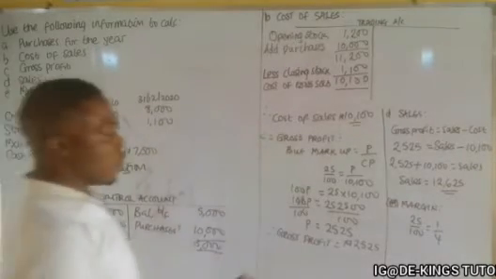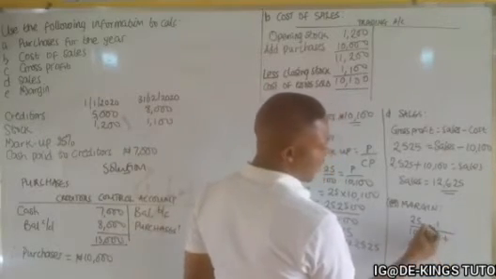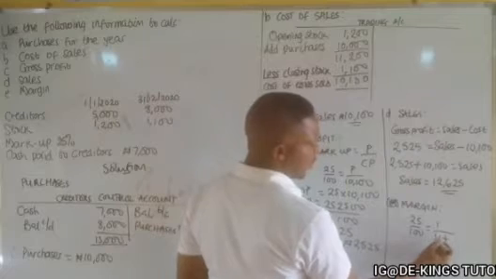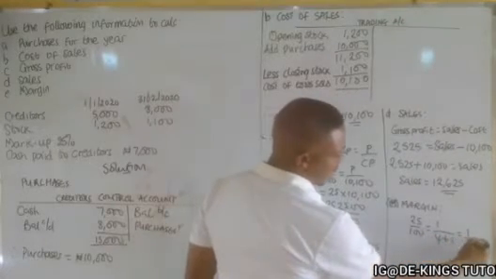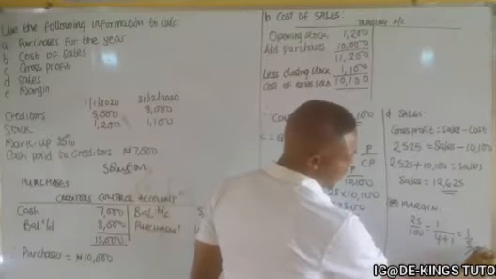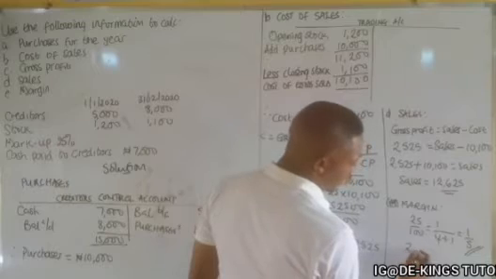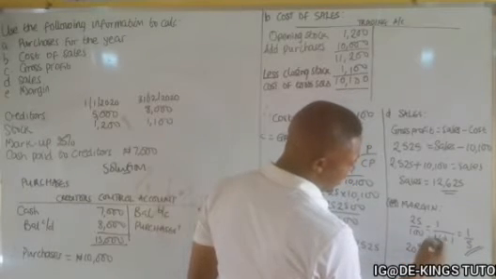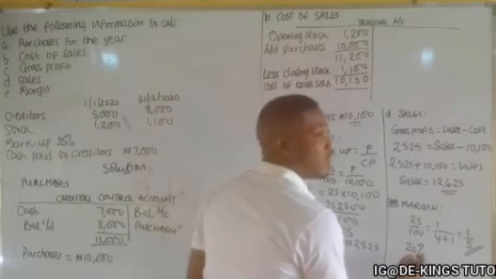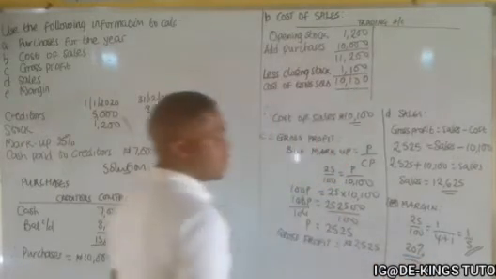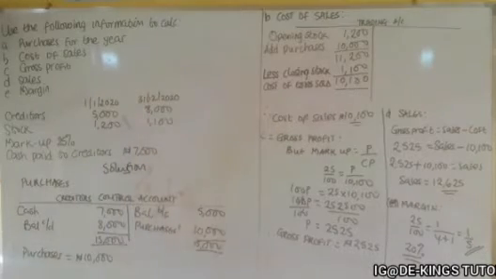To convert, you add the numerator to the denominator. So 25 over 100 gives us 1 over 4. Okay? If you add 1, it's 1 over 5. So that is the margin, 1 over 5 or 20%. Okay? That's the margin.